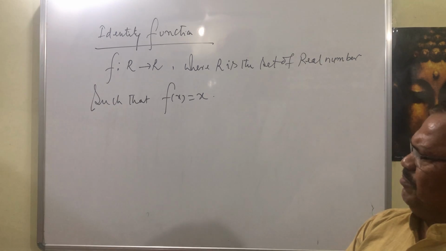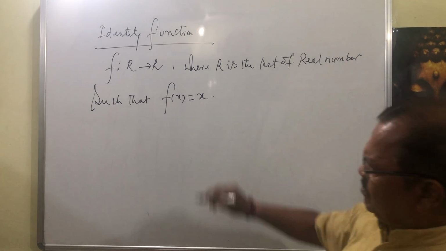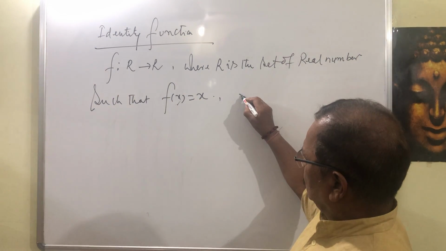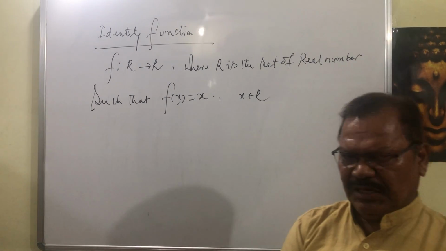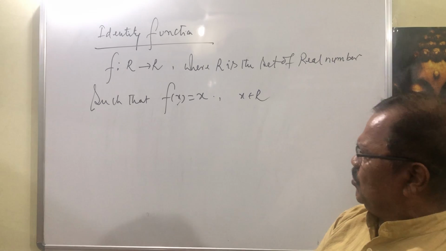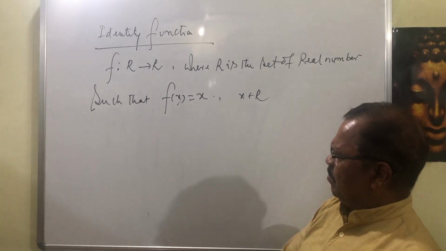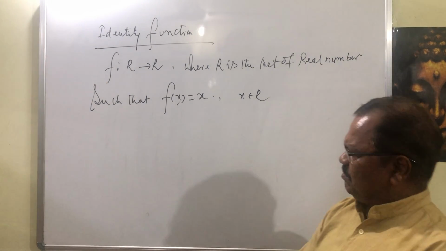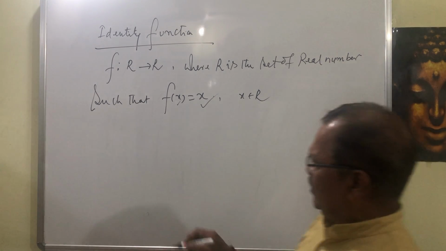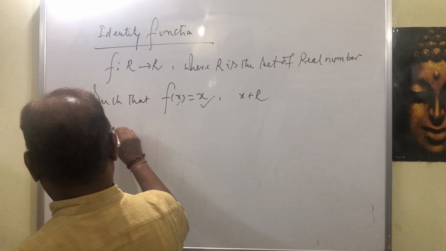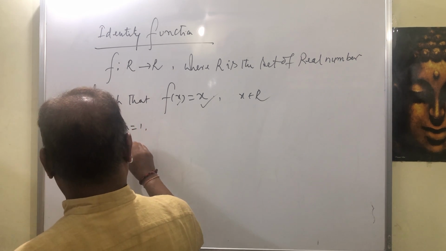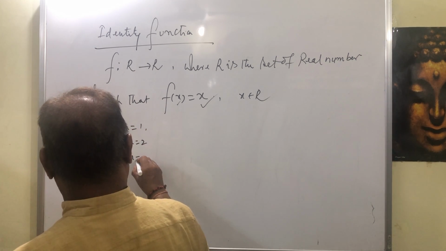Now in that situation we shall say that since x belongs to real numbers, automatically all real numbers are mapped by this function f, and the image is the same. For example, let us take x equal to 1, x equal to 2, x equal to 3, and so on.